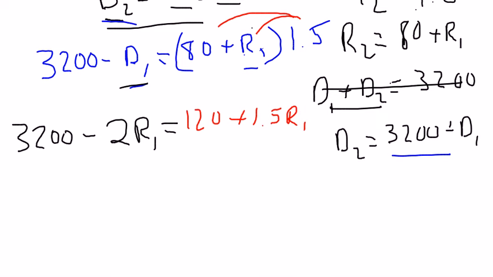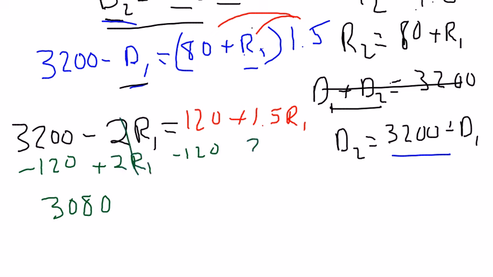There we go. Now combine like terms. So I'm going to subtract 120 from both sides. I get 80. Add 2R1. I get 3.5 R1.